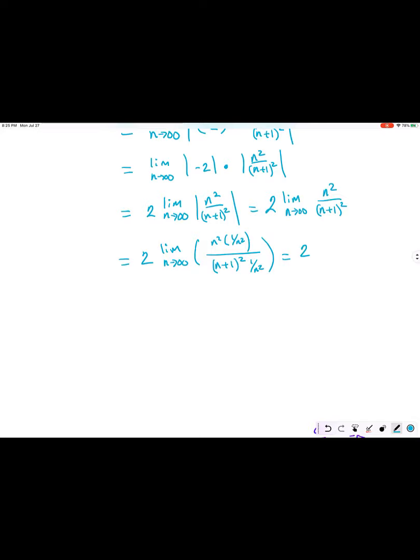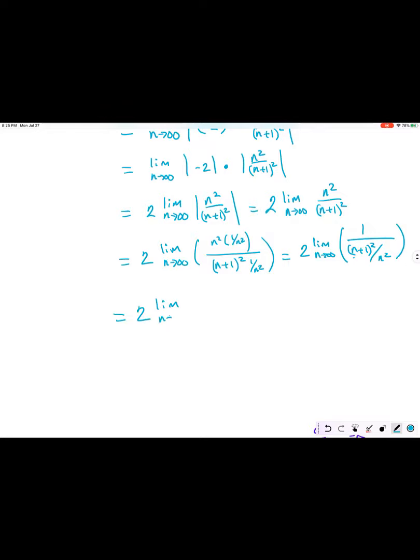And when I do that, I get 2 times the limit as n approaches infinity of 1 over n plus 1 squared divided by n squared.